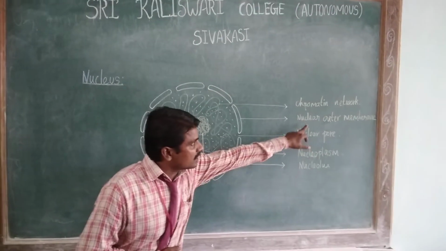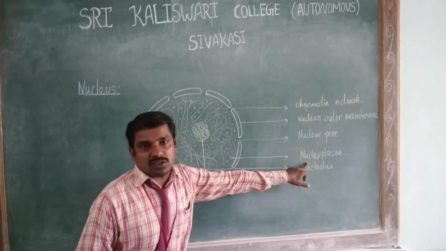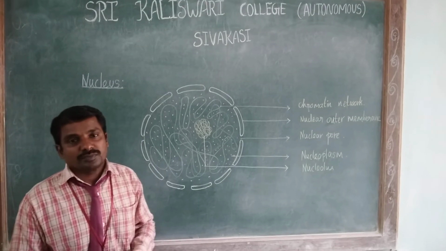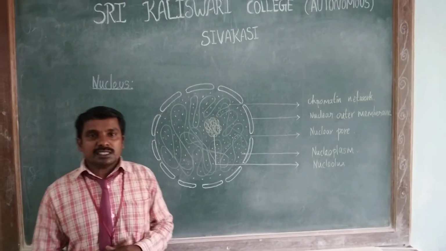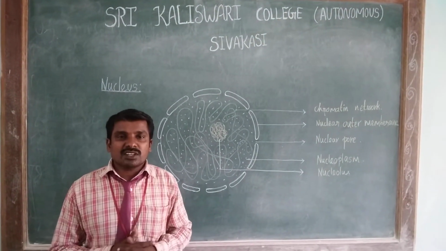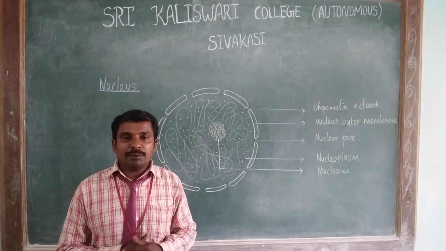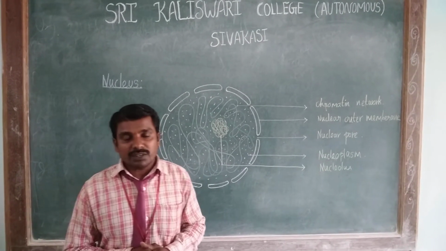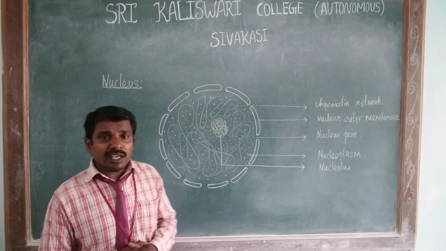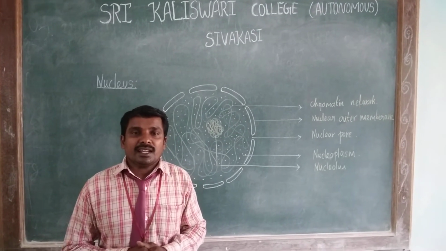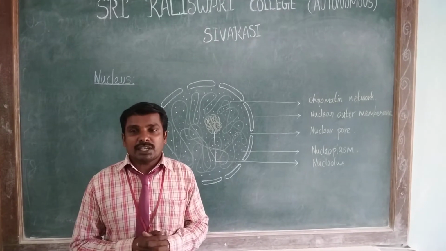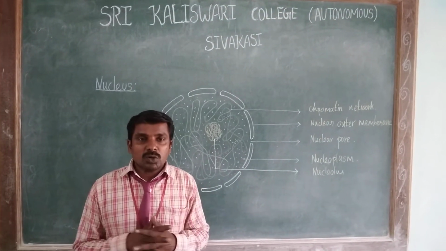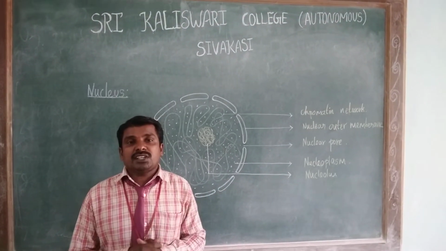This nucleoplasm is otherwise called karyoplasm. Based on the nucleus, cells are categorized into two types, prokaryotic cells and eukaryotic cells, based on the development. The nucleus is simply called the brain of the cell because it controls all the activity of the cell.